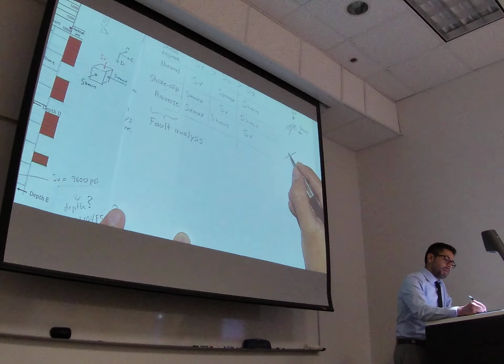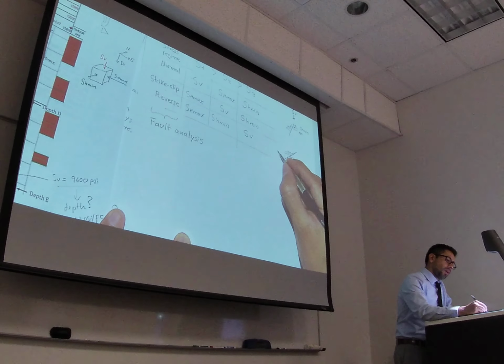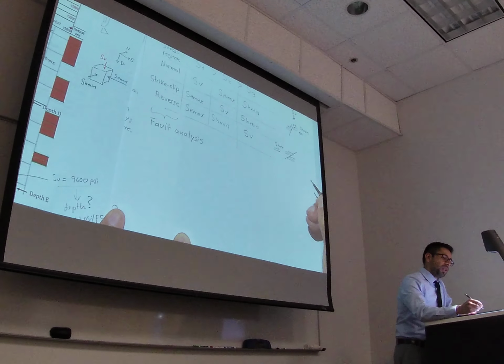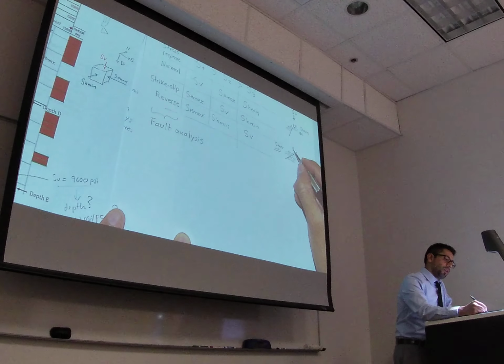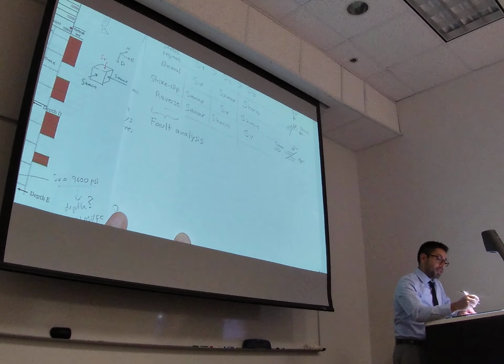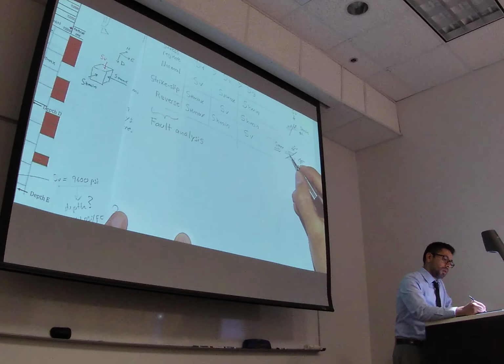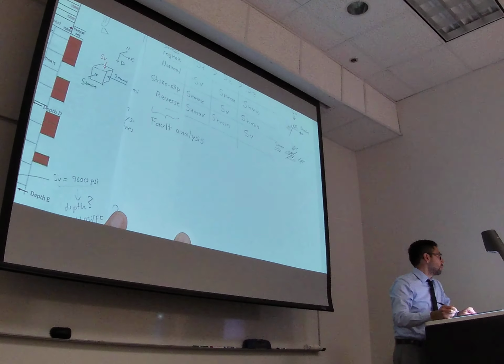And in this case, if you have a formation somewhere over here, the horizontal stress is going to be so large that it's going to overcome the vertical stress and it's going to produce a fault with the hanging block moving over and up with respect to the footwall.